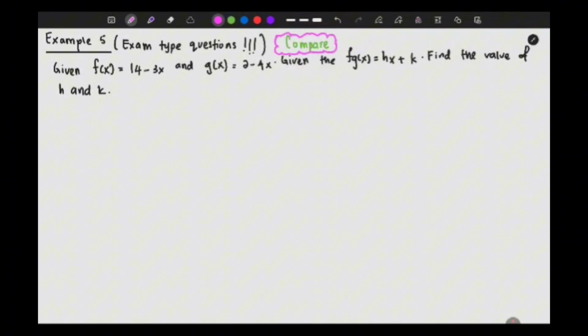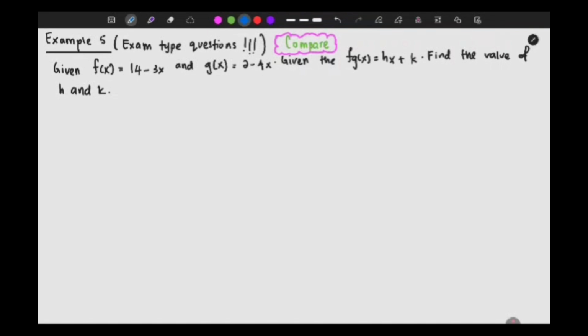Now, this is a type of question, guys, so please focus more. It's very important, so you can actually tackle and handle how to solve. You actually get an idea how to do exam questions. Okay, so fx here, which they give us, is 14 minus 3x.